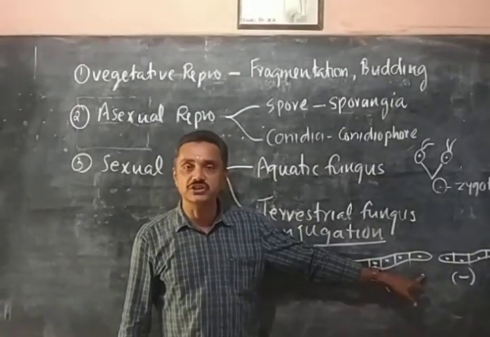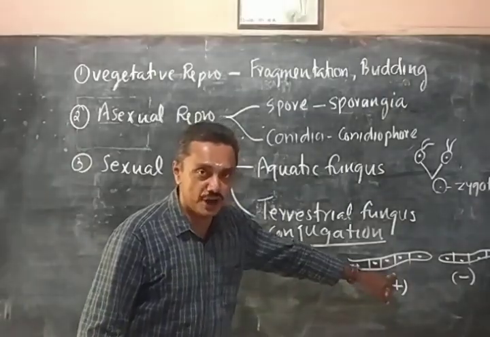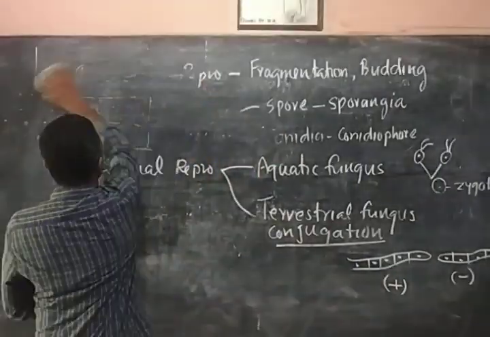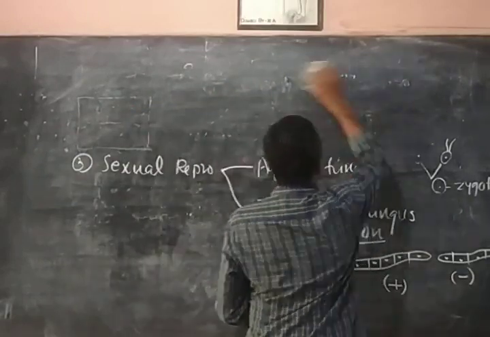What do you mean by conjugation? How does it take place? Okay? I am explaining what conjugation is now. During conjugation, two terms are there for you.